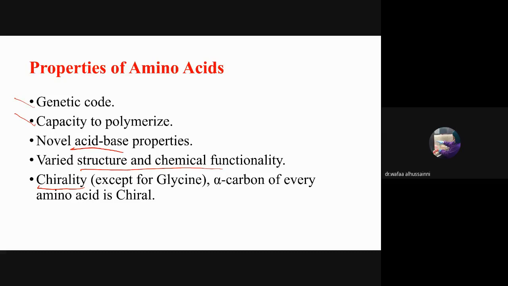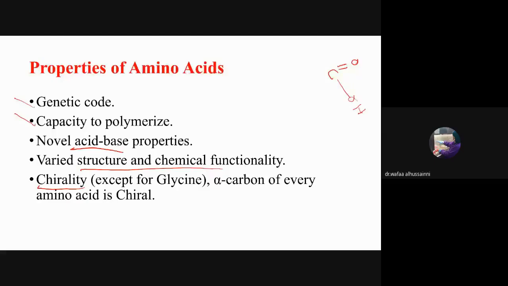And now who tells me why glycine is not chiral? I will draw glycine for you. Let me draw it for you first, and then you tell me why the carbon is not chiral. So the alpha carbon is this one.